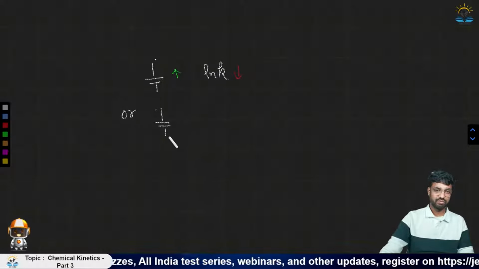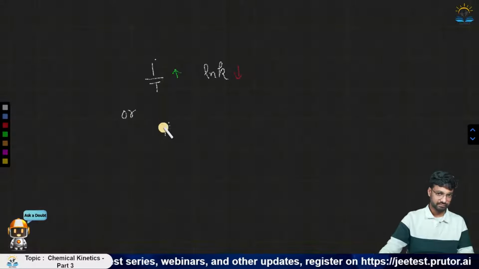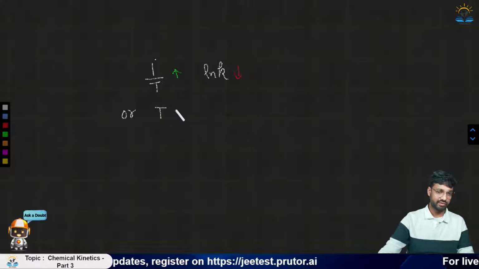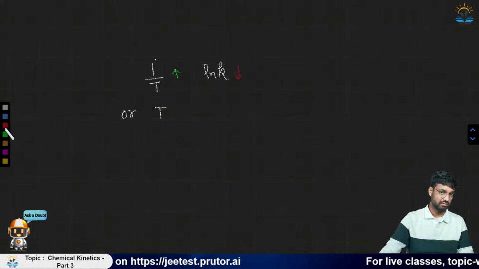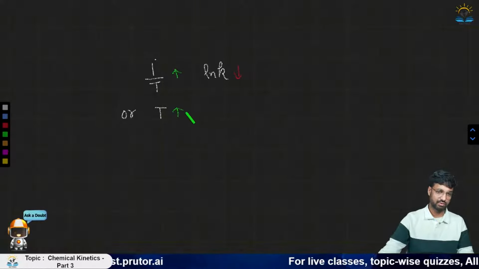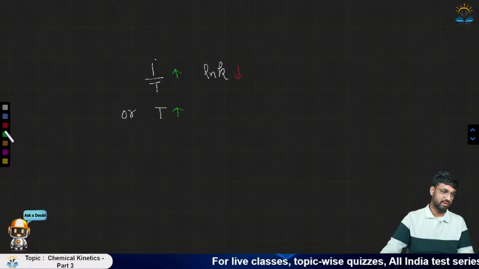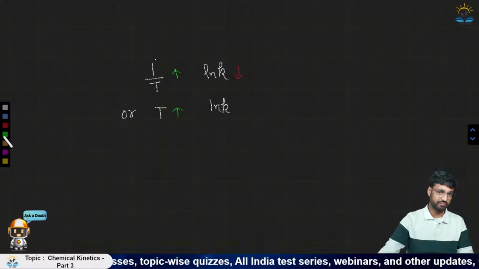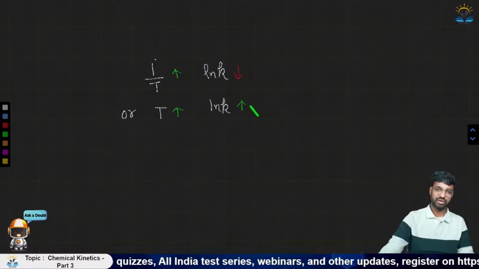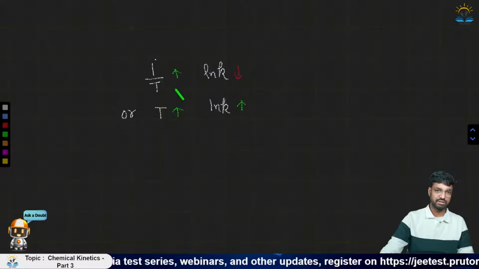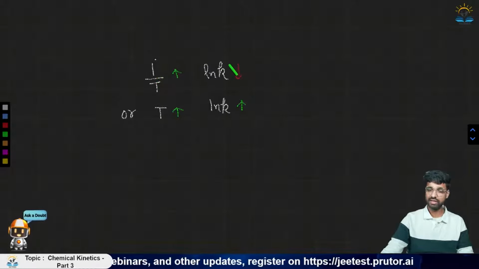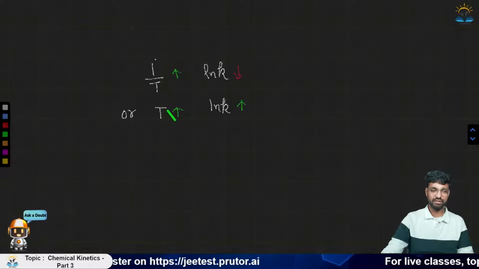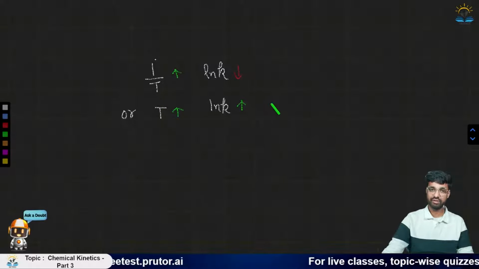Okay, so what we can say is that if we increase the value of temperature, then the value of ln k will also increase. It is pretty sure that if 1 by T is increasing, ln k is decreasing. Now if we take the reciprocal of 1 by T, and we increase it, then ln k will also increase.